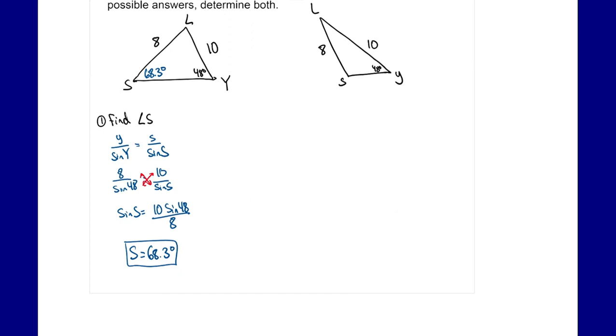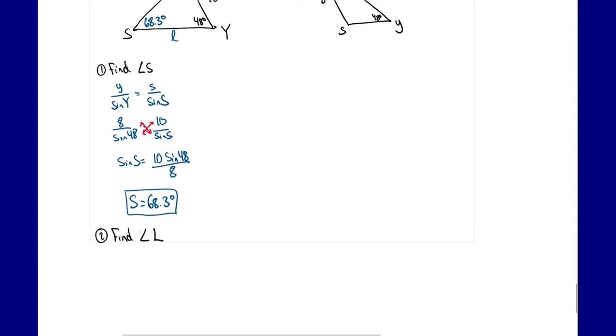The next step, before I can find this unknown side, X, or say just L, so step 2, I'm going to find angle L. This one's easy because I already know the two angles in a triangle.